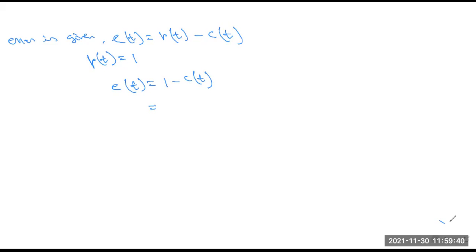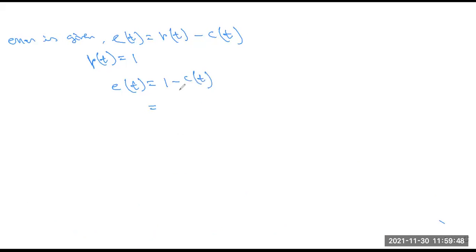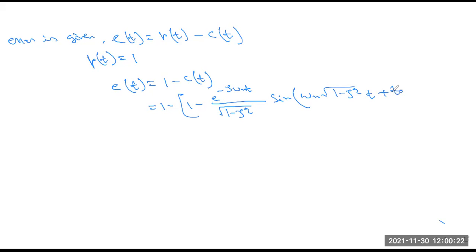Here you can see the value of c(t): c(t) equals 1 minus e to the power minus zeta omega n t divided by root over of 1 minus zeta square into sine of omega n root over of 1 minus zeta square into t plus tan inverse root over of 1 minus zeta square by zeta. Okay, so these are the value of c(t).